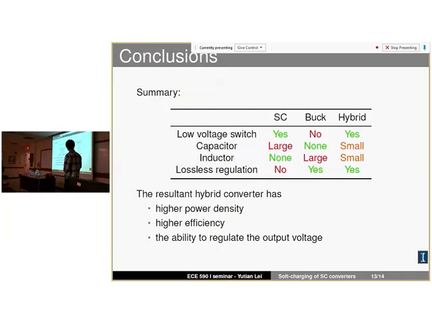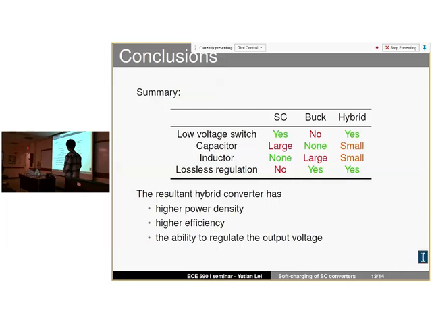Of course, we added a small inductor, but we found that the total volume of the capacitors and the inductor is still smaller than the capacitors in the switch capacitor converter. So we didn't trade off any power density there.